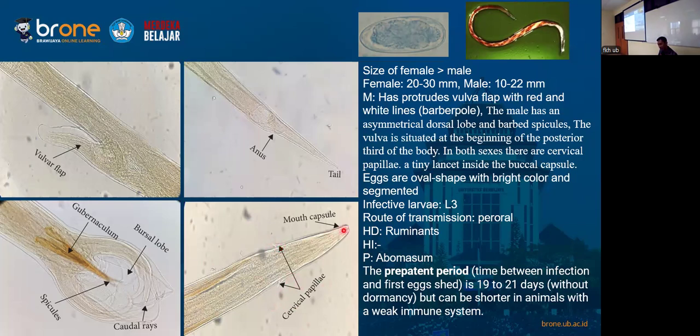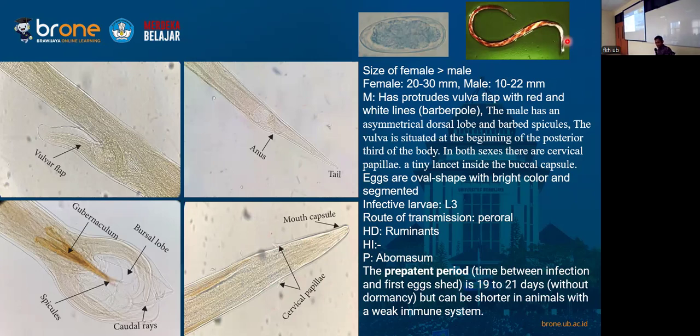This one is the buccal capsule. The female is bigger than the male. And morphologically they have a protruding vulvar flap with red and white lines like this one, barber pole. You see? Why? They have white and red like our flag. Why?